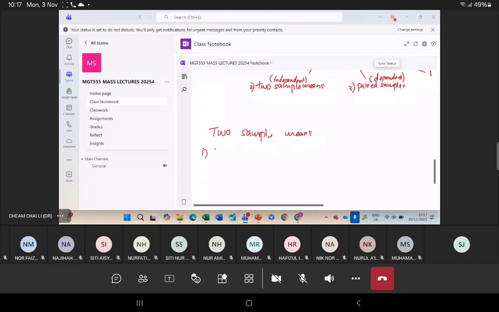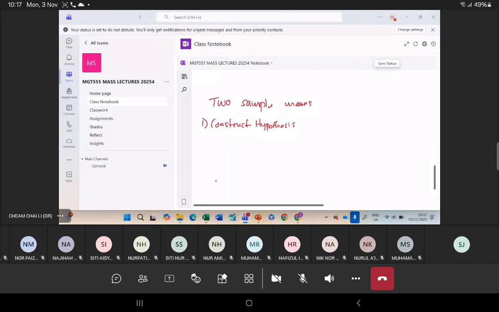Okay, step 1, construct hypothesis. So kali ini hypothesis tu kita tak boleh tulis lagi mu, right? So you have to define first which one is your mu1 and mu2. To write this hypothesis, kita ada 3 scenario juga. First scenario, you have this null hypothesis.